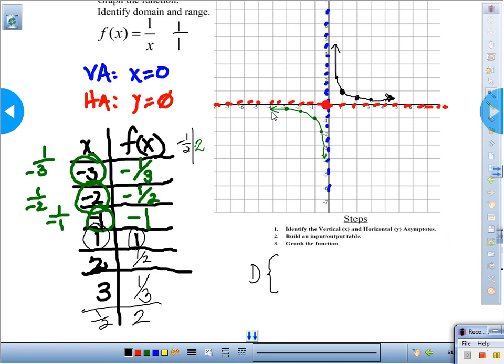It has an arrow here, so it continues going to negative infinity, is that correct? And over here it continues going to positive infinity? So which is the only value that we don't use? 0. So our domain is all x values such that, what else can we write?